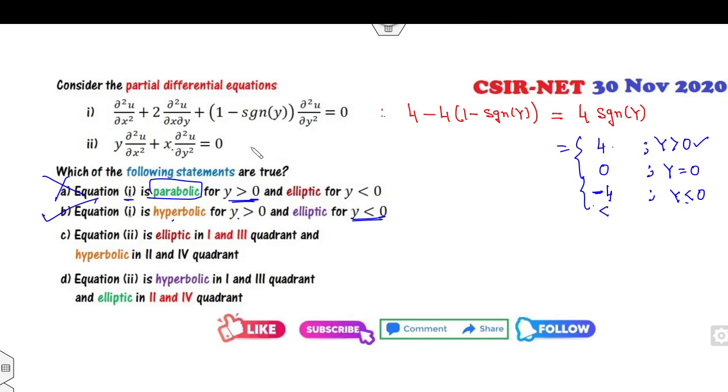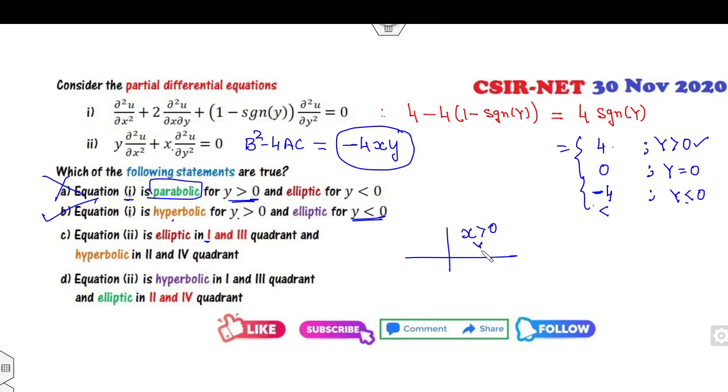Look at the second case. What is the b square minus 4ac in this case? B is 0, so minus 4xy. What is the minus 4xy? Elliptical in the first quadrant. X is positive, y is positive. It's negative, satisfied. Third quadrant. X is less than 0, y is less than 0.